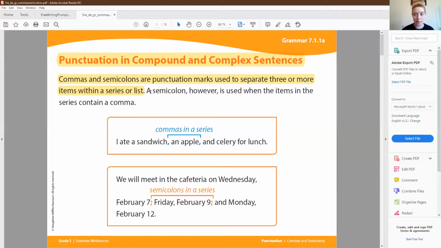So for example, the sentence I'm talking about is: Students should have more recess time because they can focus better, it allows them to be more social, and they live healthier lives. All of that can go in one sentence because it is a series or a list. Okay, we're going to do some more examples of that.